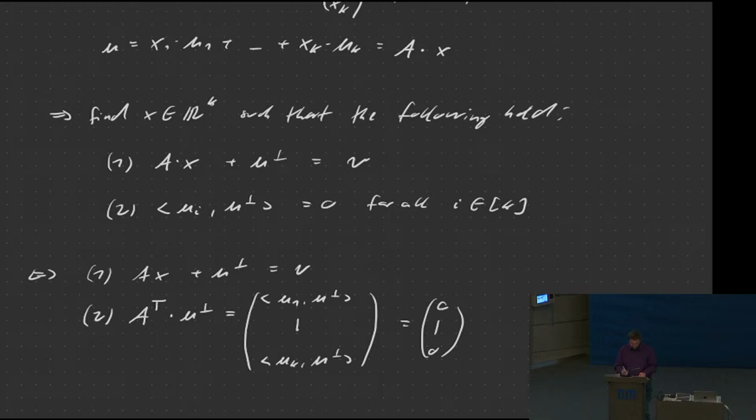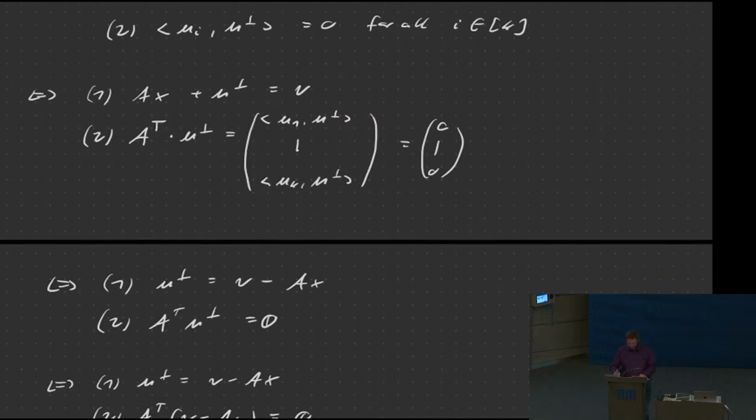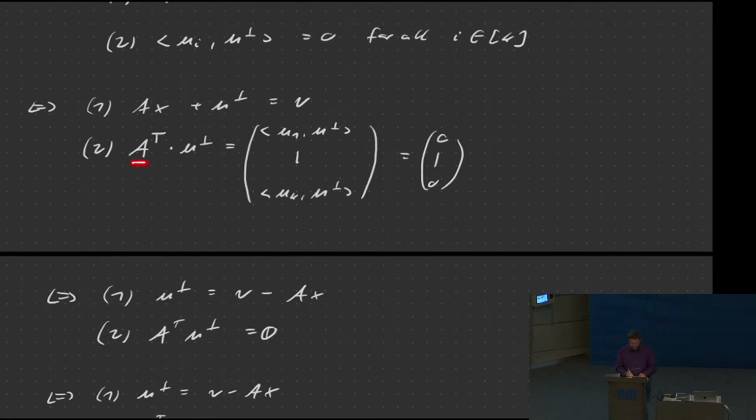And also, we want this remaining part here to be orthogonal to U. So we want that decomposition of V, and we want this U ortho part here to be orthogonal to all columns in A. So this relation has to hold for all columns of A. And we can express this in this way here. We can simply write this as A transposed times U ortho.